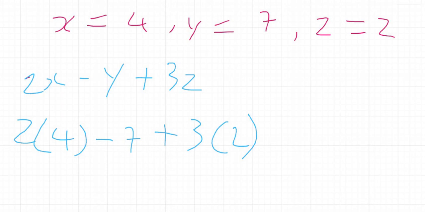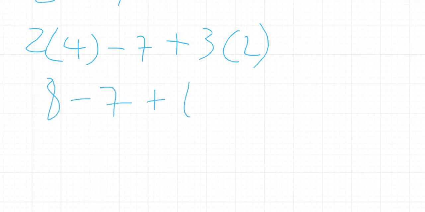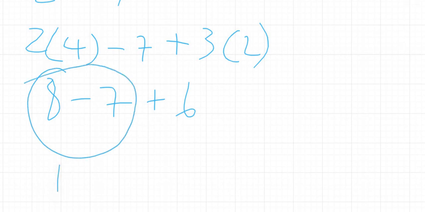And so we just go ahead and evaluate this expression. 2 times 4 gives us 8 minus 7 plus 6. And so when you have these kinds of expressions with addition and subtraction, we normally start from the left-hand side and we go to the right. So we work these first, which will give us 1, and then we add that to the 6, it gives us 7.